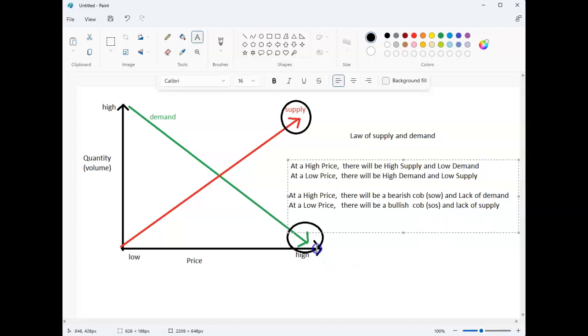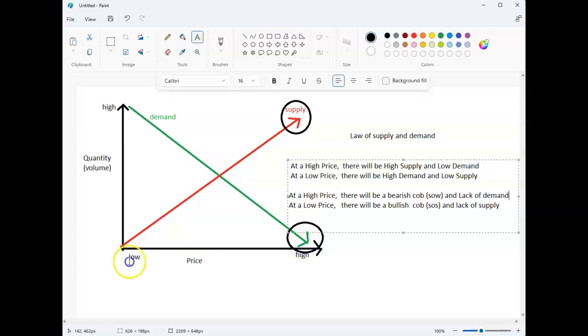What you don't find in these graphs is that once they hit a point, they go backward. Price goes backward. You see how price is increasing, and then supply is increasing and demand is decreasing. Well, what happens when supply is really high and demand is too low?